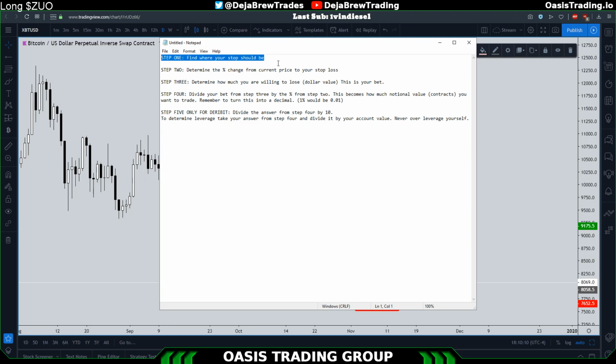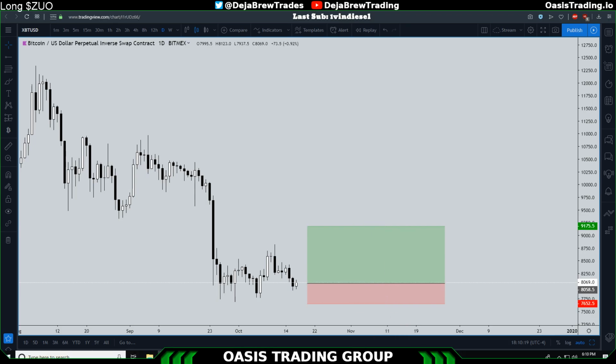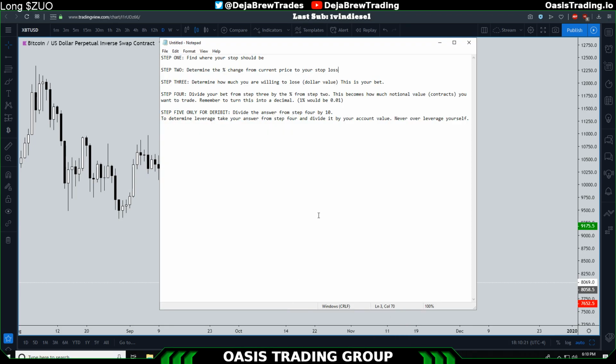So that's step 1. Find where your stop should be. Step 2, determine the percentage change from current price to your stop loss. We've determined that it's 5%. Step 3, determine how much you are willing to lose. This is your dollar value. This is your bet.